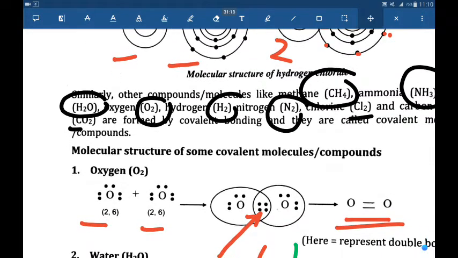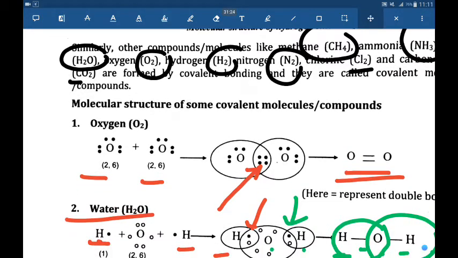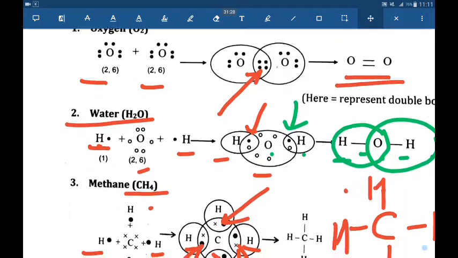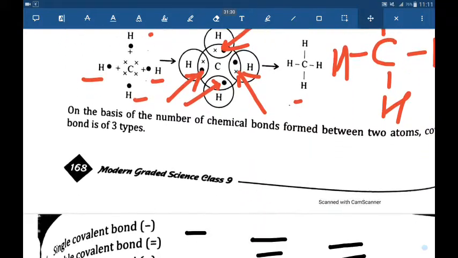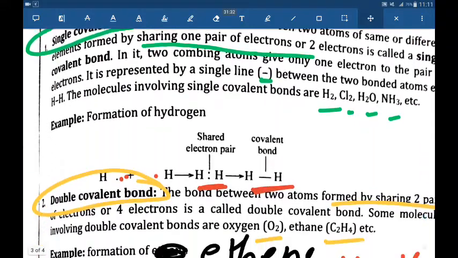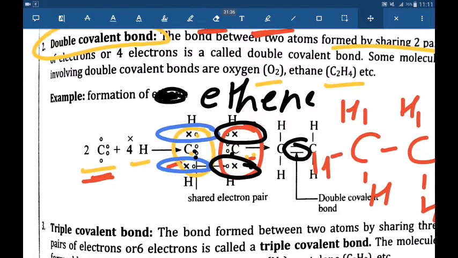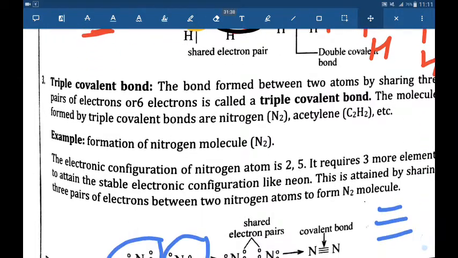So the molecular structure: number 1 HCl, number 2 H2O, number 3 ethene.